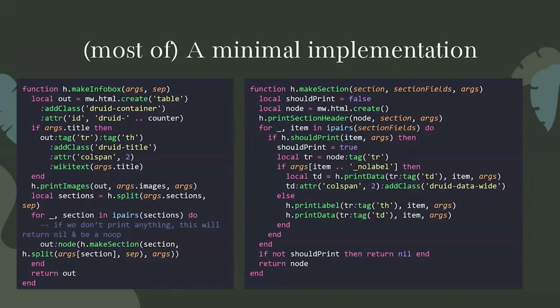And just a note on the conventions that I use to name these functions, when I say make, that means I'm going to create an HTML node using mw.html, and then I'm going to return it.